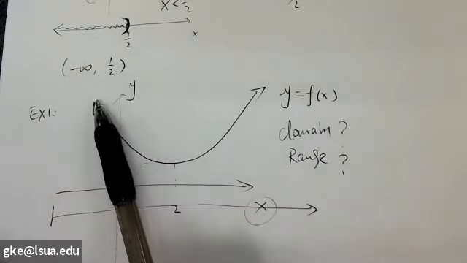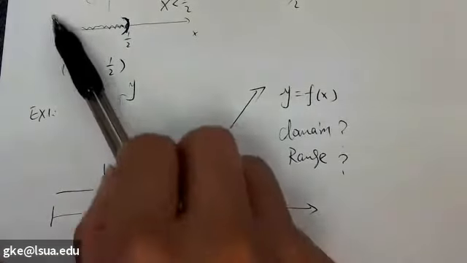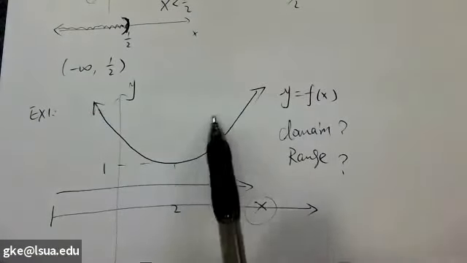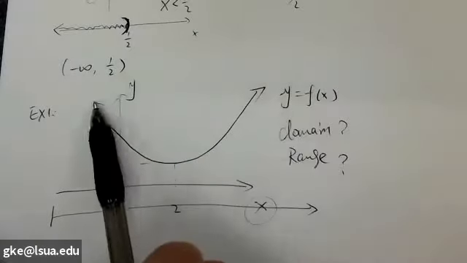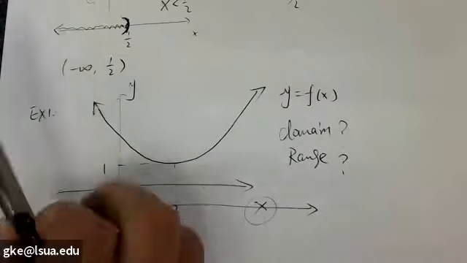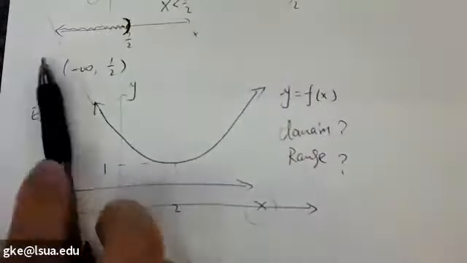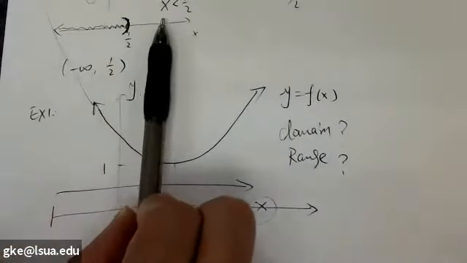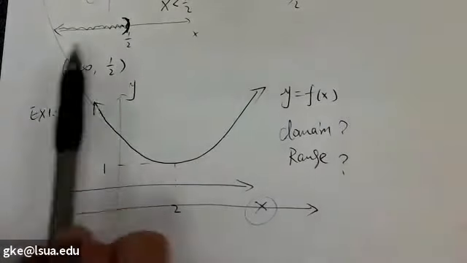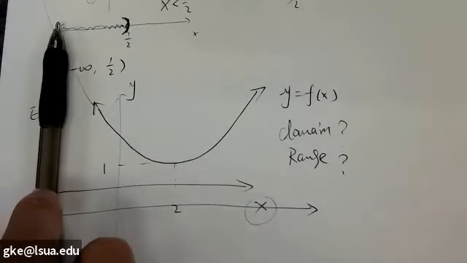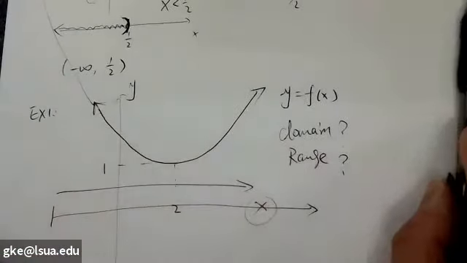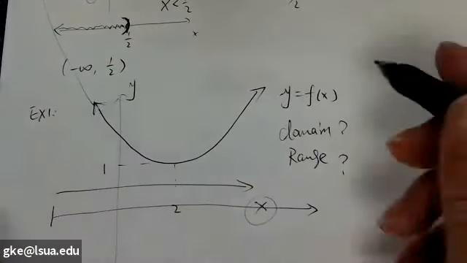Because here I use an arrow, which means this curve always goes up. So you can see from the left the curve goes up this way, to infinity. So you can see the X coordinate goes from negative infinity to positive infinity. Is that clear?